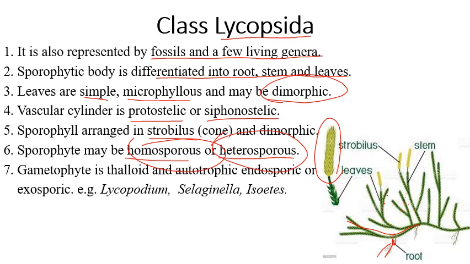Male spores are small and female spores are large in size. Gametophyte is thalloid and autotrophic, endosporic or exosporic, and the examples are Lycopodium, Selaginella and Isoetes.